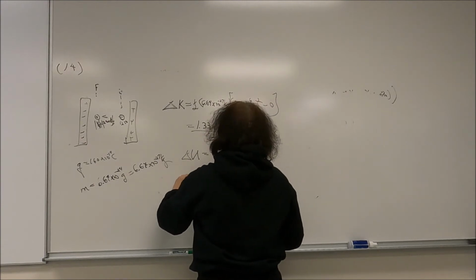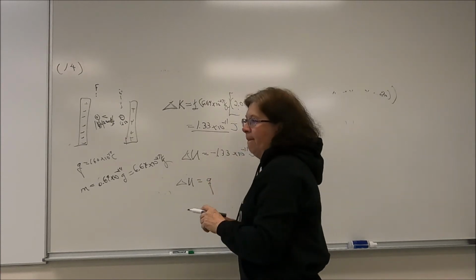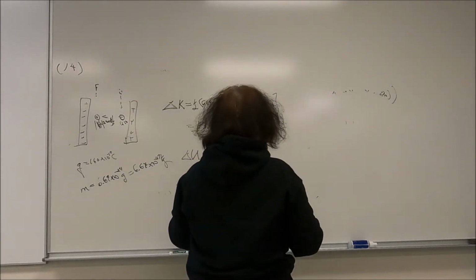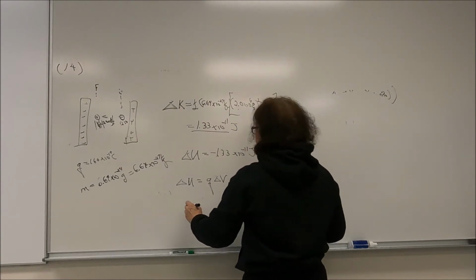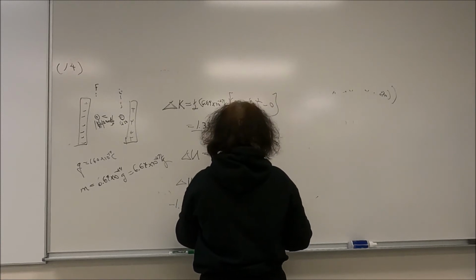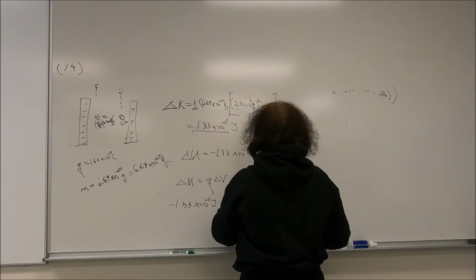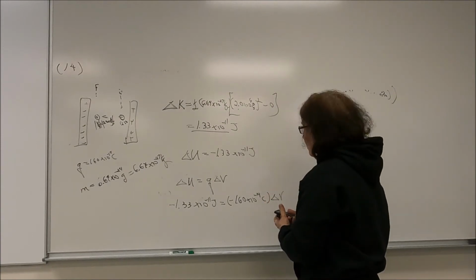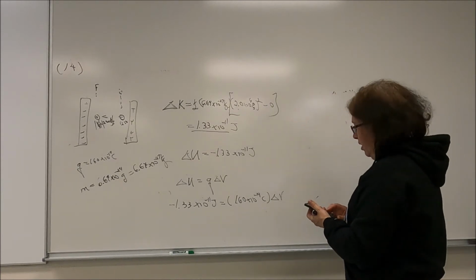And remember that the change in potential energy is equal to Q delta V. So I have minus 1.33 times 10 to the minus 11 joules is equal to the test charge, which is 1.60 times 10 to the minus 19 coulombs times delta V. Oh, excuse me, that's positive because it's a proton.